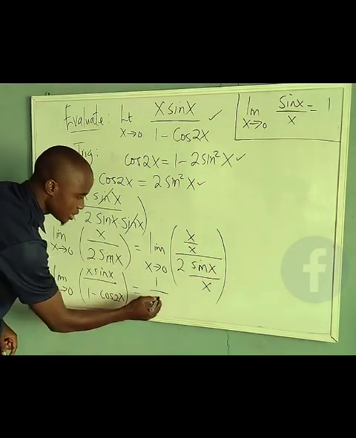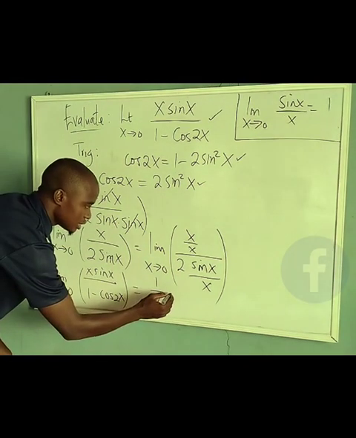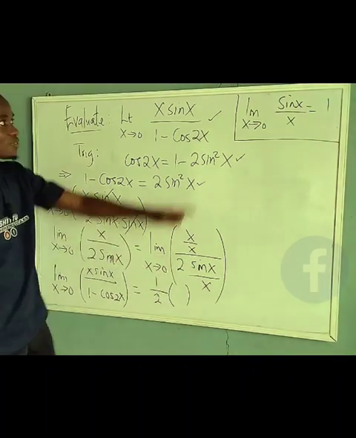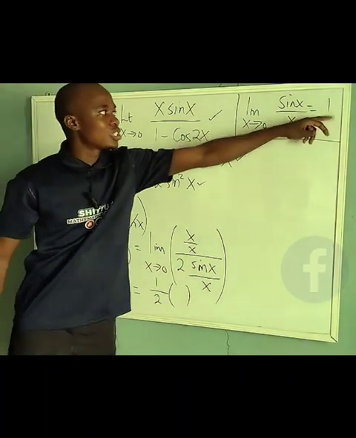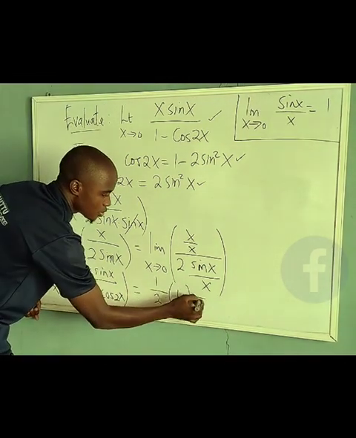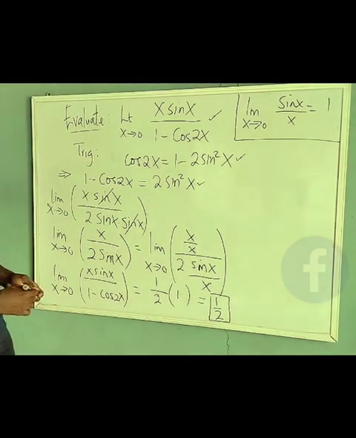You can bring the 2 outside because it is a constant. Then look at this one, sine x over x. Whenever you have the limit of sine x over x, it gives us 1. So we have 1, and the solution is 1 over 2.